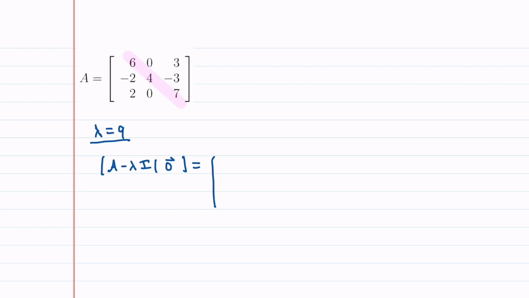We are going to subtract 9 off of our diagonal. So we're going to get a minus 3, a minus 2, and a 2, and then a 0. 4 minus 9 is a minus 5, and then a 0, and then a 3, minus 3, and then 7 minus 9, which is a minus 2. This one is a little bit harder than the other one to simplify.